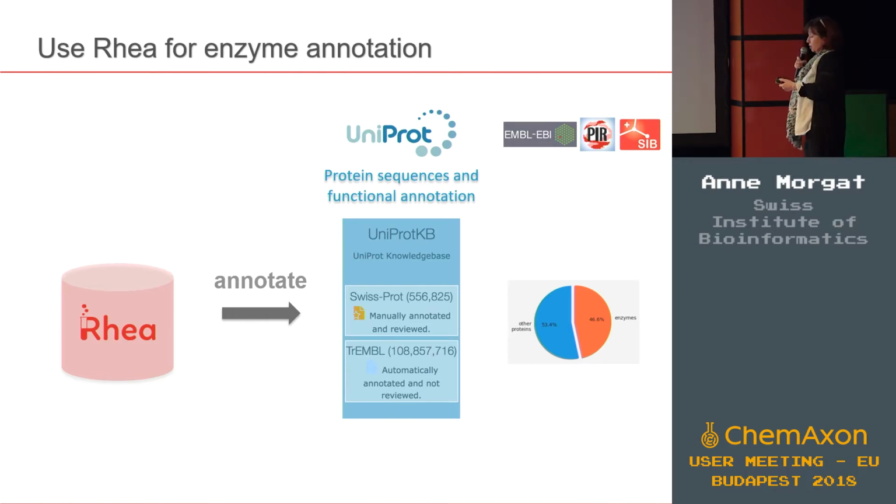There are two parts in UniProtKB: the SwissProt part, which is manually annotated and reviewed, and the TrEMBL part, which is automatically annotated and not reviewed. 500,000 sequences for this part, 108 million sequences for this part. The SwissProt group is involved in this part.